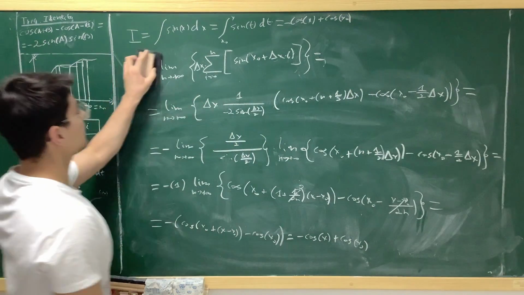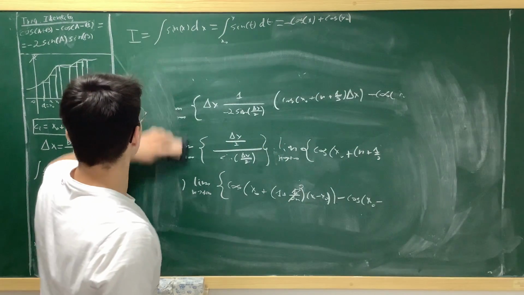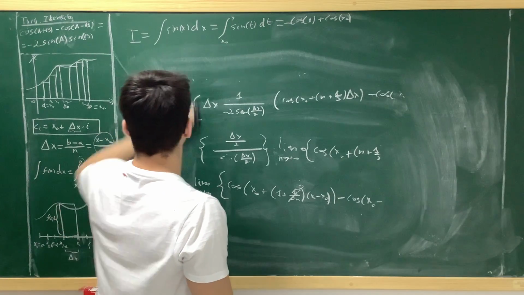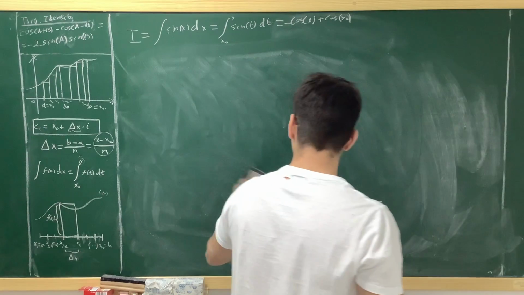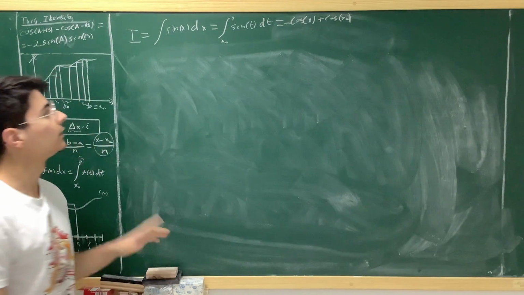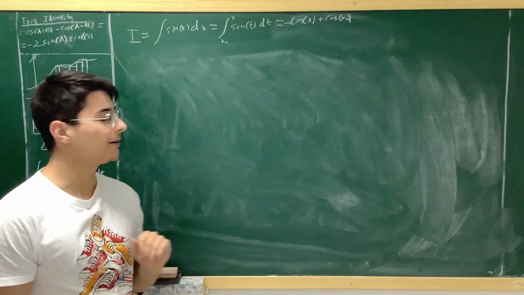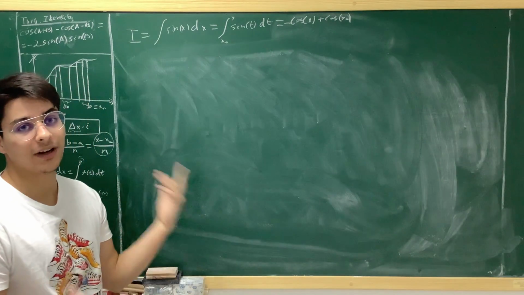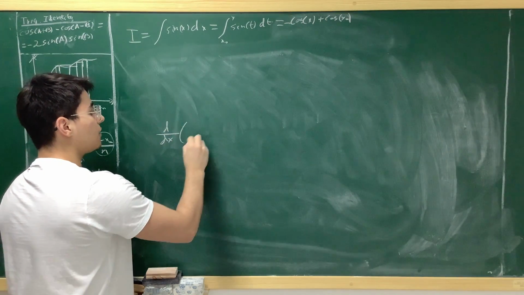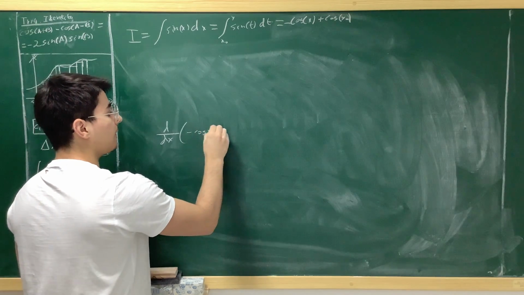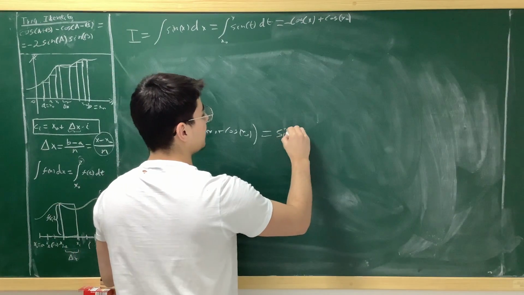Using your usual calculus theory, this is the same result you would get if you use that the derivative with respect to x of minus the cosine of x plus the cosine of x naught is equal to the sine of x.